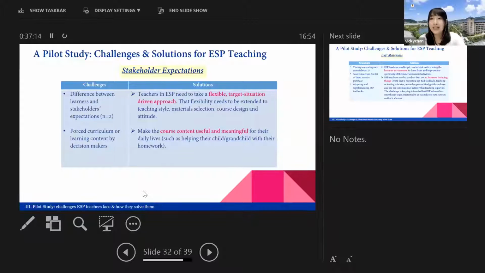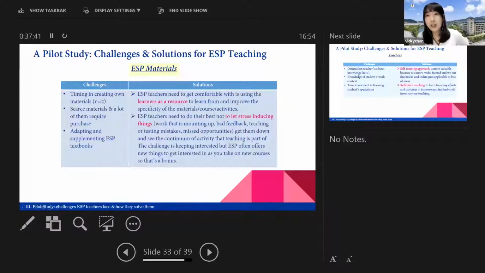So in that case, as a teacher, we might have to follow a flexible and target situation-driven approach, allow ourselves to have more flexibilities in terms of our teaching style, material selection, course design, or even attitude. And also, we can try our best to make our content useful and meaningful for our students' daily lives.